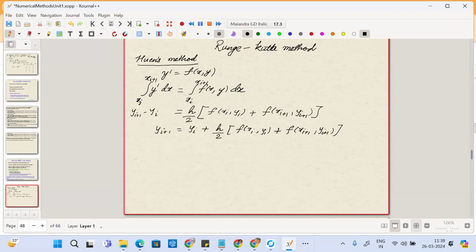Now again we came to this situation where you are trying to predict yi+1, but inside it you already have yi+1. So this is an unknown quantity. What shall we do next? Can you suggest what we shall do next?